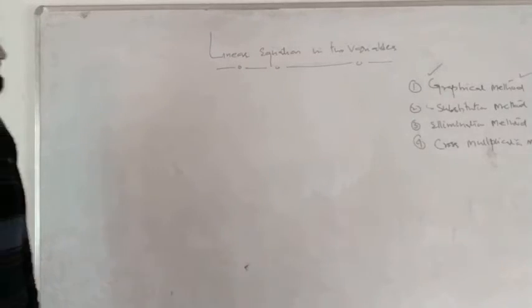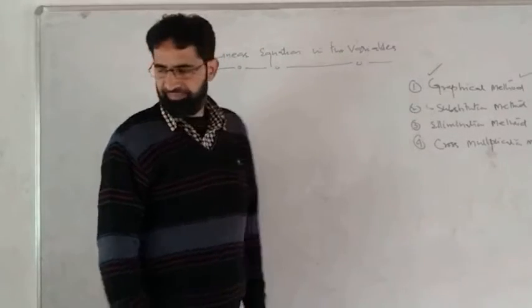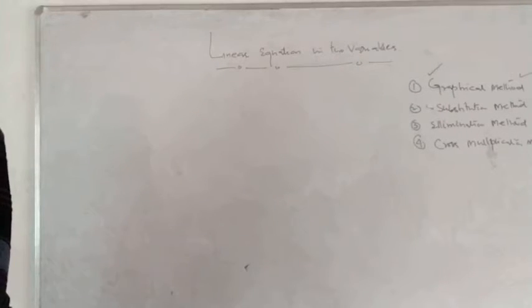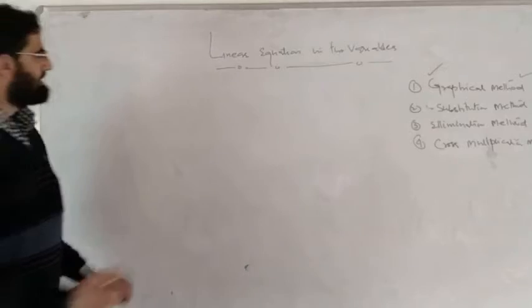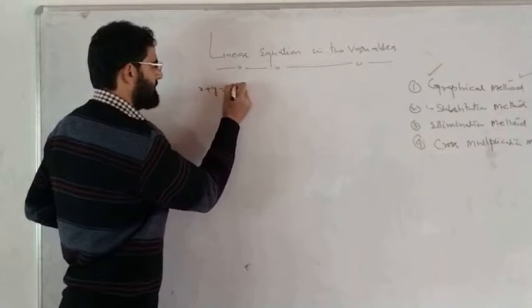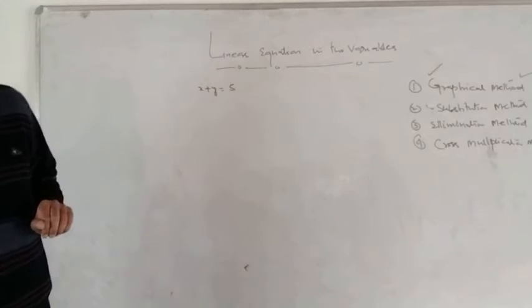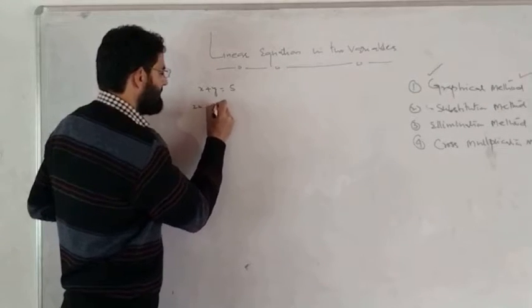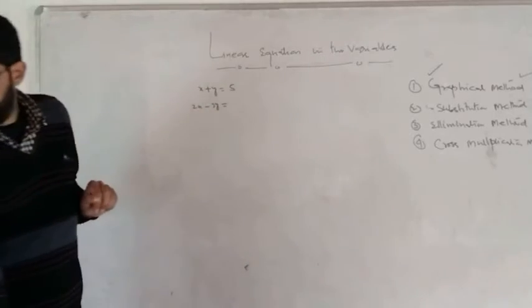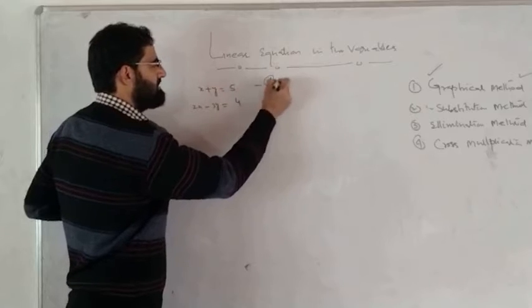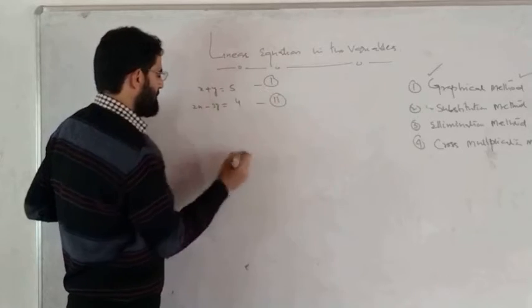In my last lesson, we learned how to apply this cross multiplication method. Now, to make it clear, let us attempt some more questions. Question number 1 is x plus y equals 5, and second is 2x minus 3y equals 4. Here is equation number 1 and this is equation number 2.